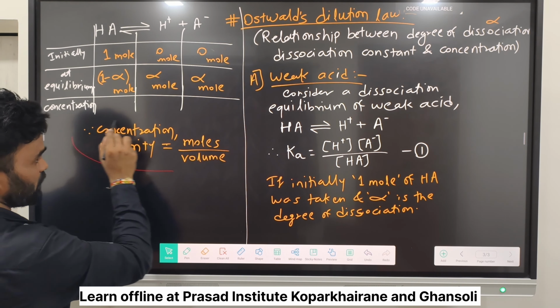Similarly, alpha upon V will give you concentration of H plus, and alpha upon V gives us concentration of A minus also. सर्वांना हे समजतंय? Yes. आता नेक्स्ट स्टेप काय असणार?